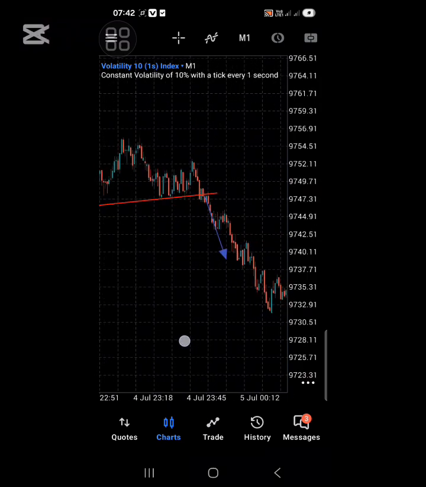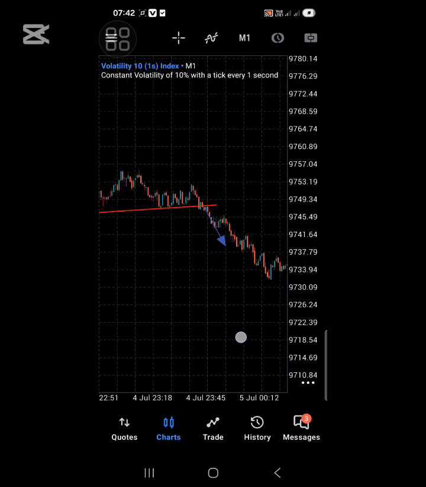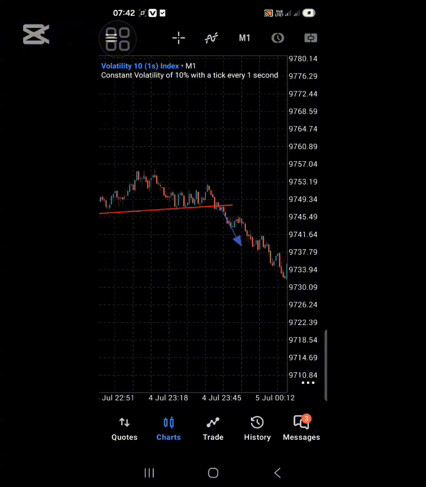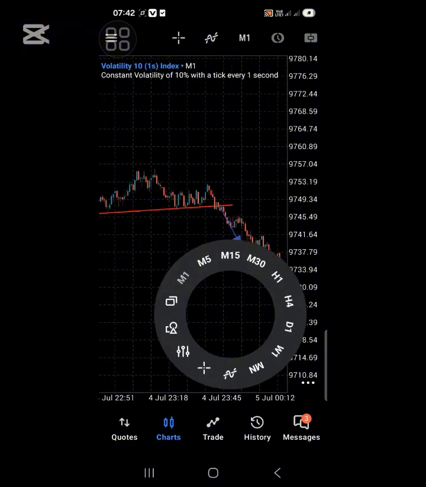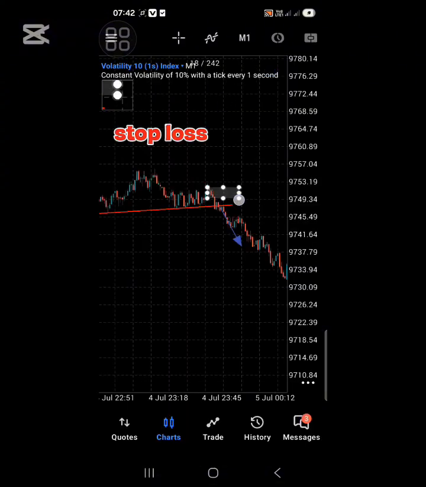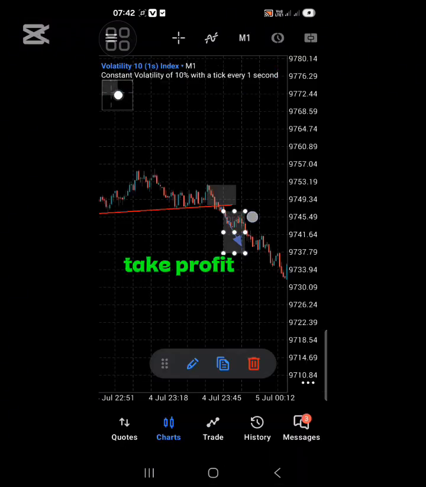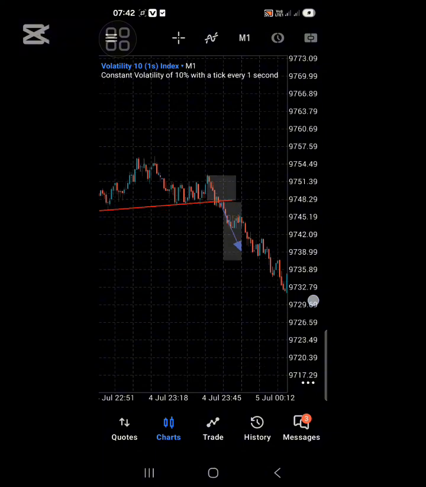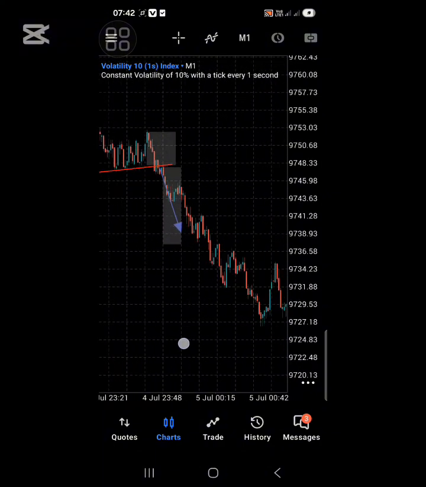And there are two ways to enter this. You can either enter when it breaks, or you can wait for a retest and after the retest then enter the sell positions. So you can see there, that became my stop loss zone, and that became my take profit zone, and the market went even further down than what I projected.